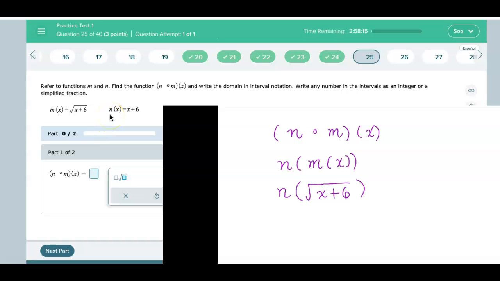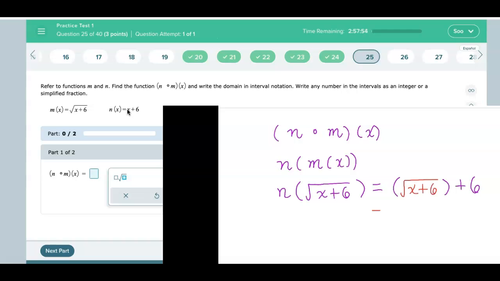Now n is, the function n was x plus 6, right? Take a look. It was x plus 6. So instead of x, let me put parenthesis plus a 6. And inside this parenthesis, I will put the square root expression in here. Square root of x plus 6.